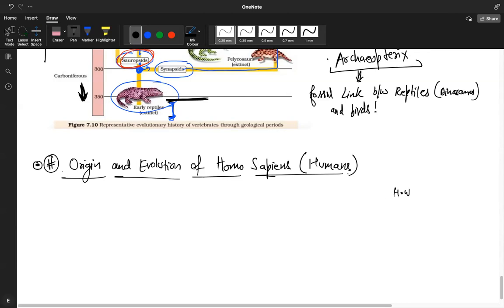Write down, they have opposable thumbs. Primates, first thing, have the ability to stand on two feet.